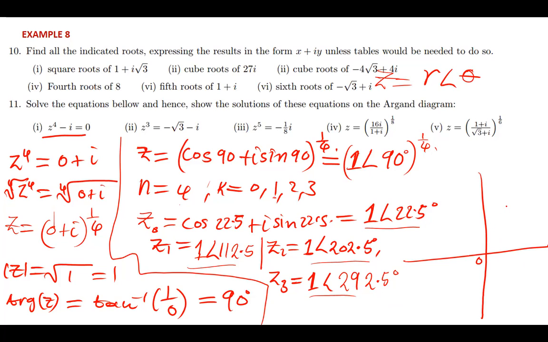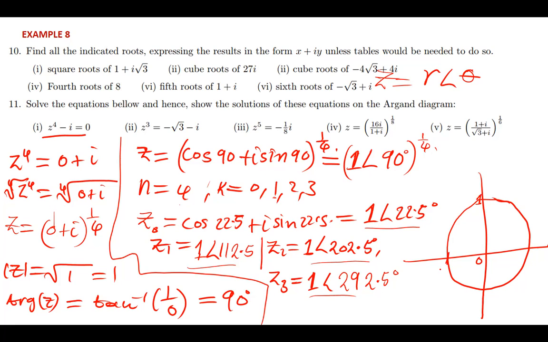So I'm going to draw a circle of radius equivalent to the magnitude of these complex numbers. So the magnitude here is simply just 1, which is equivalent to the magnitude of Z0, Z1, Z2 and Z3. So the magnitudes are simply just 1. So I can even write a 1 there.